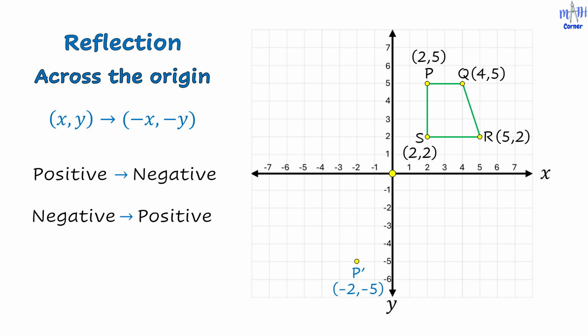Q is located at 4, 5, so Q prime is located at -4, -5. R is located at 5, 2, so R prime is located at -5, -2. S is located at 2, 2, so S prime is located at -2, -2. Connect the new points to complete the figure reflected across the origin.